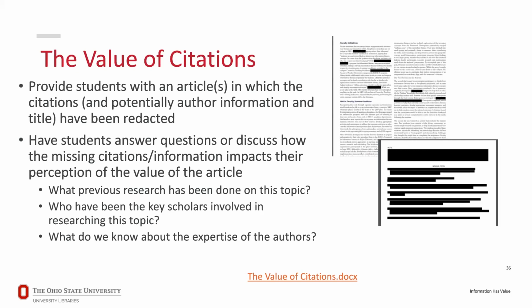They won't be able to identify who the key scholars are in that field, or what the expertise of the authors is. And so it's going to limit their ability to actually use that information effectively. So I do think that kind of activity, where we take away something that is in that article and let students think about how that impacts it, could be a really helpful activity to do with students.